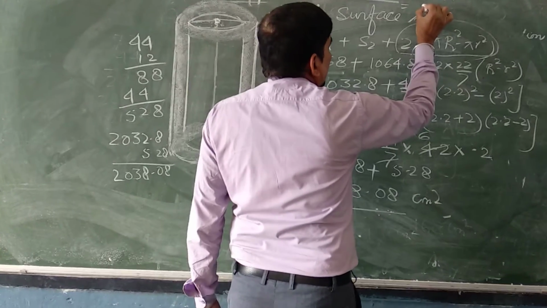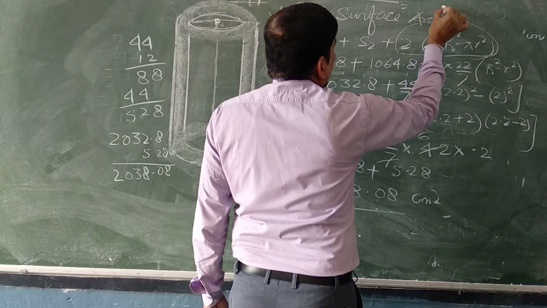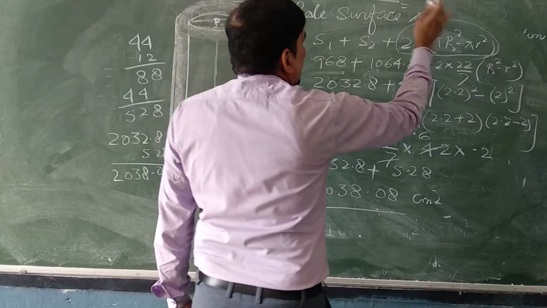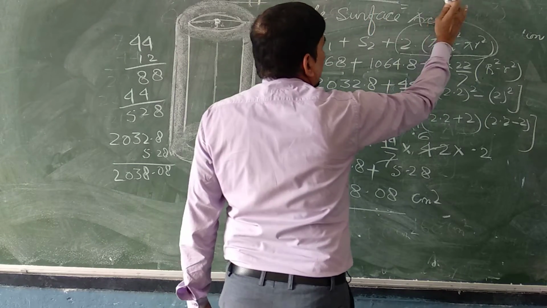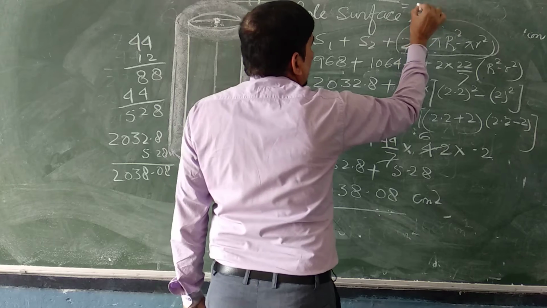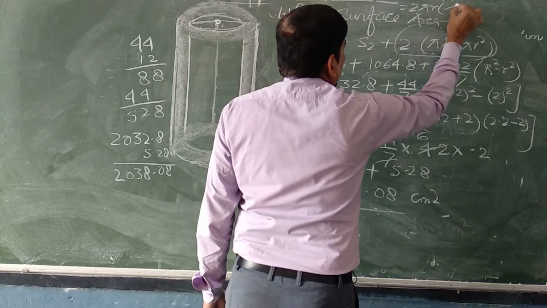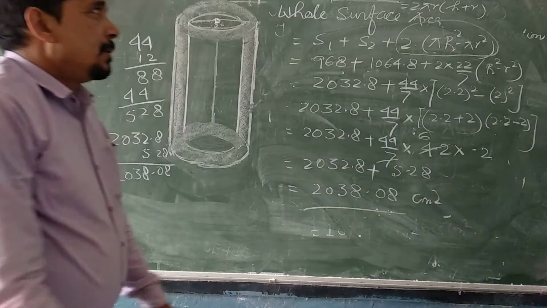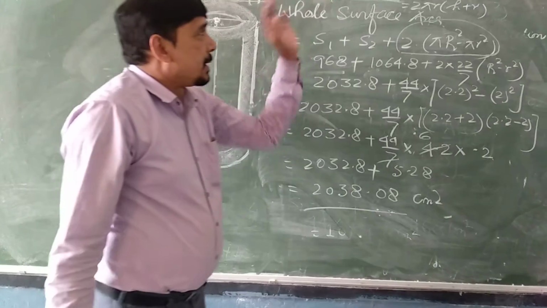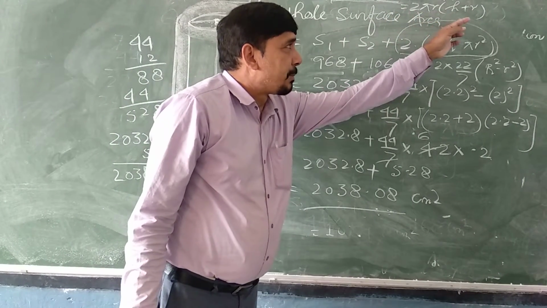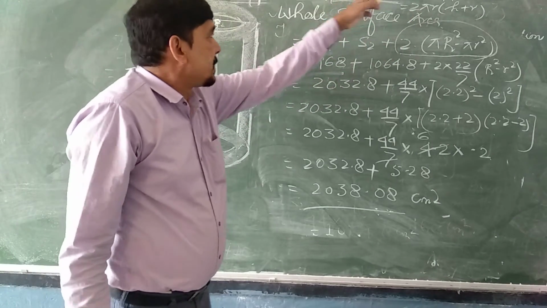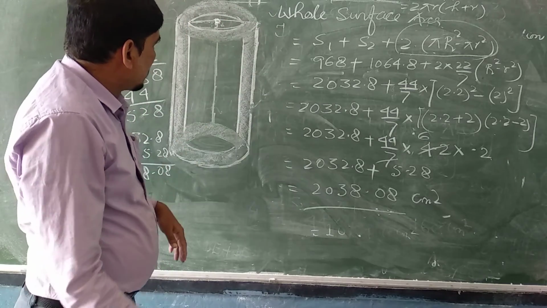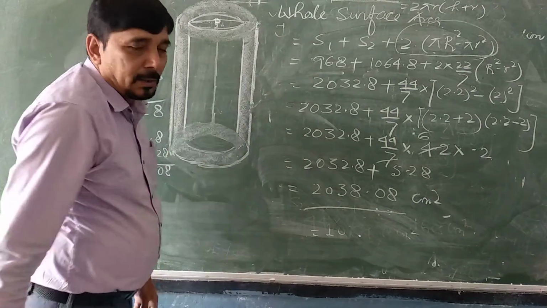Now take 2 pi r common, h plus r. That is the total surface area of the cylinder: 2 pi r into h plus r, where h is the height of the cylinder and r is the radius of circular ends.